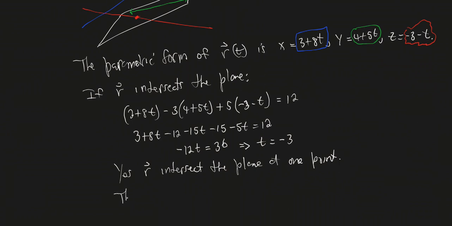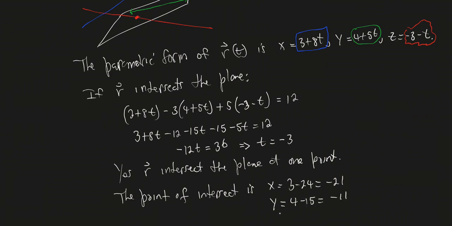So the point of intersection, the actual point highlighted in the red circle, is x equals, just take our -3 and plug it back in. What do we get? We have 3 minus 24, so that's -21. Y is 4 minus 15, so that's -11. And z is equal to -3 minus -3, and that's equal to 0.